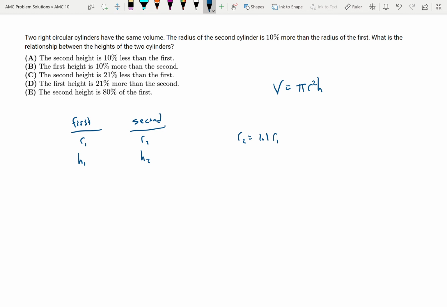The other piece of information we were given is that the two cylinders have the same volume. So I can write the equation pi r1 squared times h1 will be equal to the volume of the second, which is this. So now here is where I'm going to substitute r2 in right here.